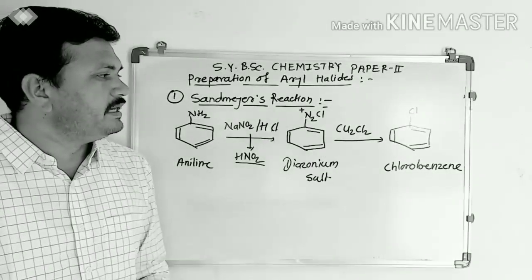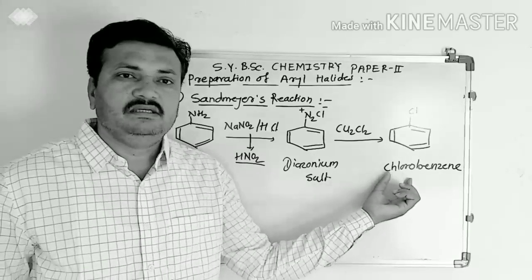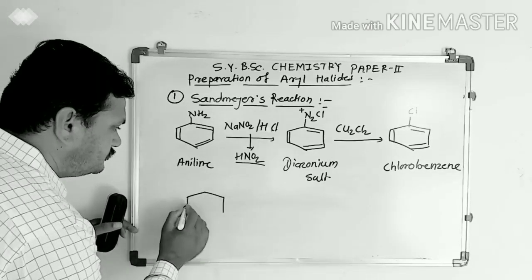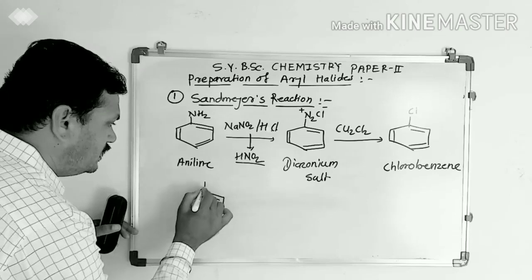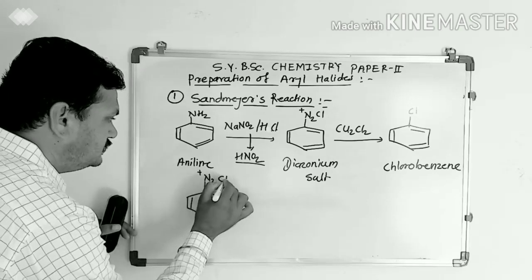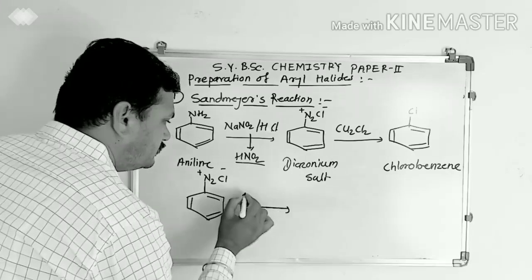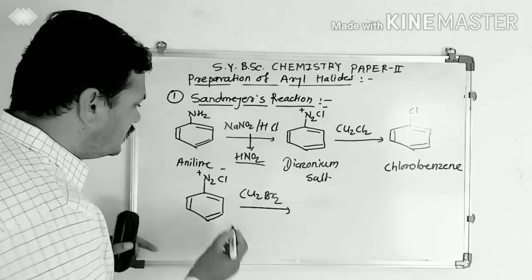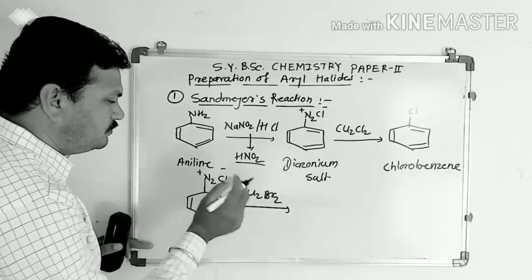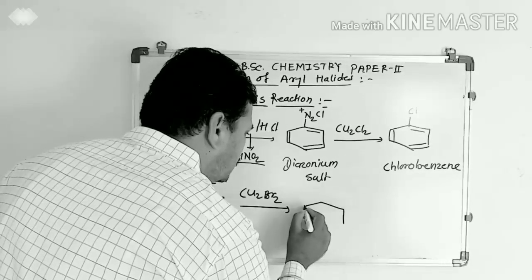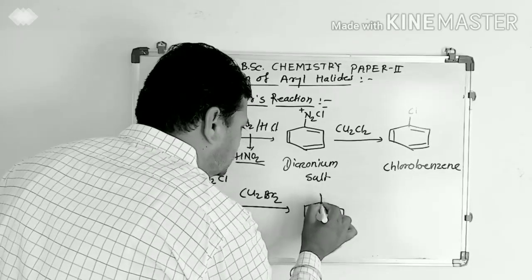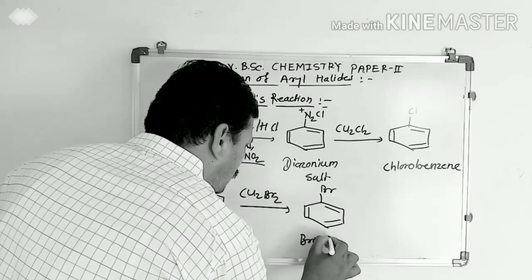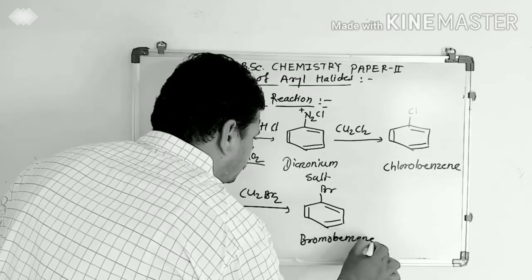Same reaction, we can synthesize the chlorobenzene using this diazonium salt. When this diazonium salt, N2 plus Cl minus, is treated with cuprous bromide, Cu2Br2, then replacement of this diazonium group by this bromine takes place, and we get the product, it is bromobenzene, that means the aryl halide, bromobenzene.